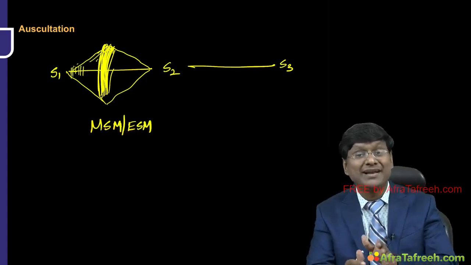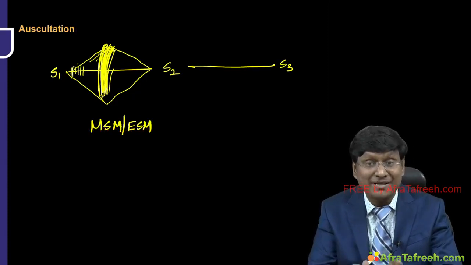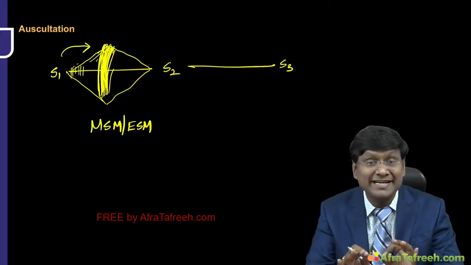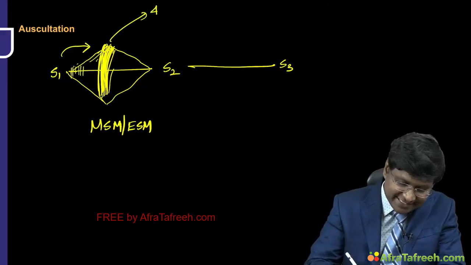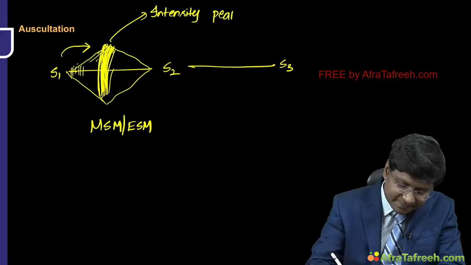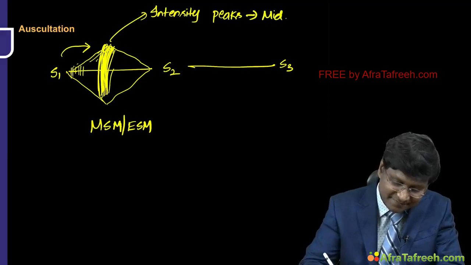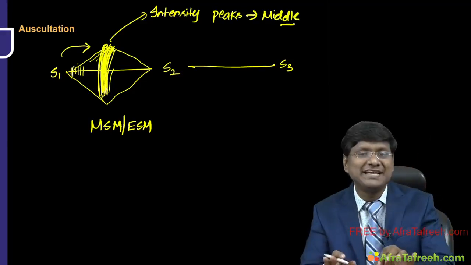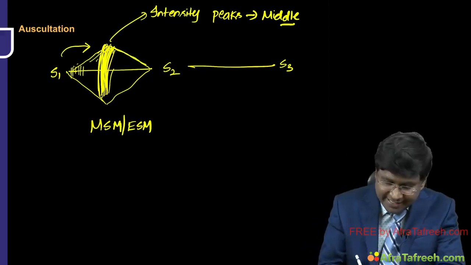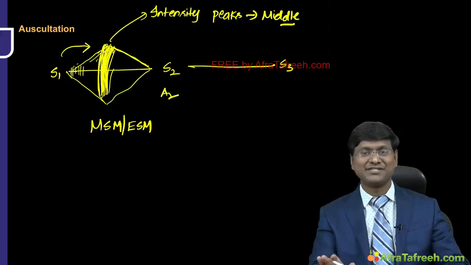This murmur commences shortly after the S1. And when will the intensity peak? It peaks in the middle of the ejection. And then finally it ends just before the aortic valve closure. That is about the murmur.